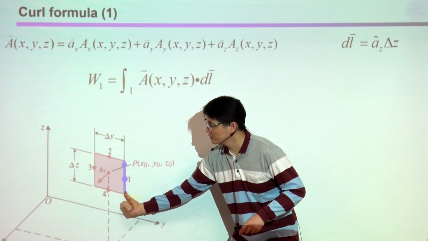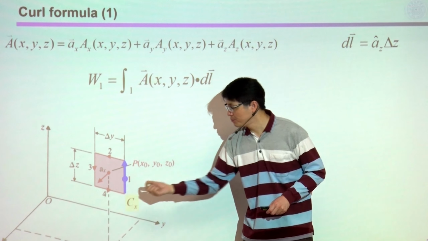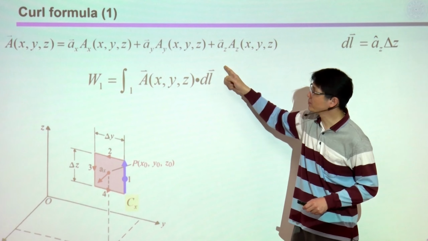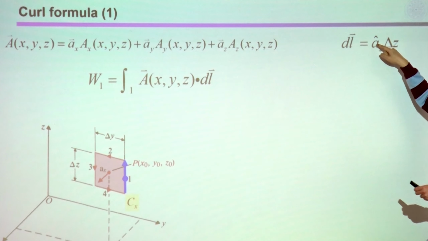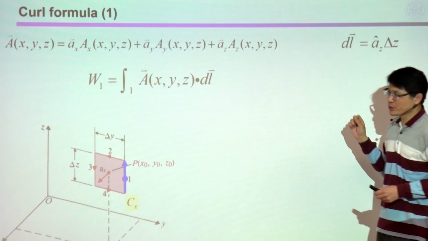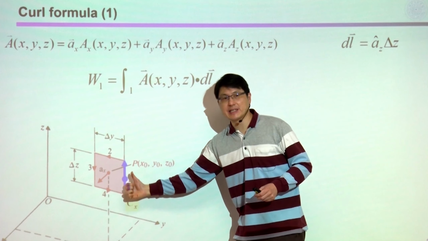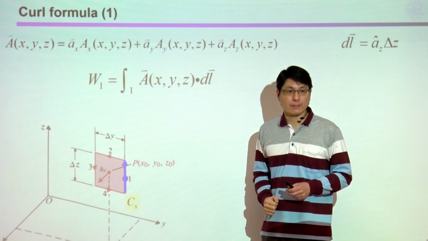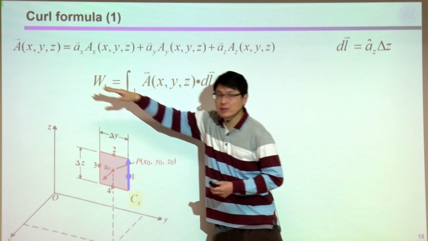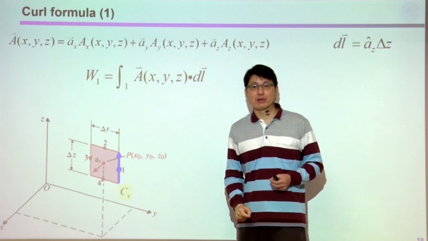You're walking along the positive z direction. So the only potential being pushed by the field is by its z component, right? Az dot az gives you something non-zero. So you are essentially trying to evaluate the z component. How strong is the z component? Okay? So the work done by vector field A is only the z component multiplied by this differential length delta z.